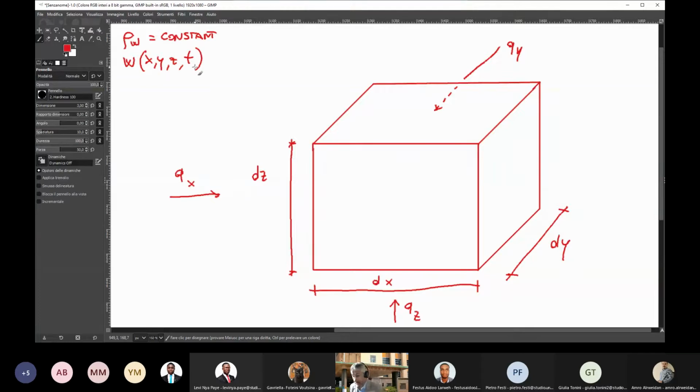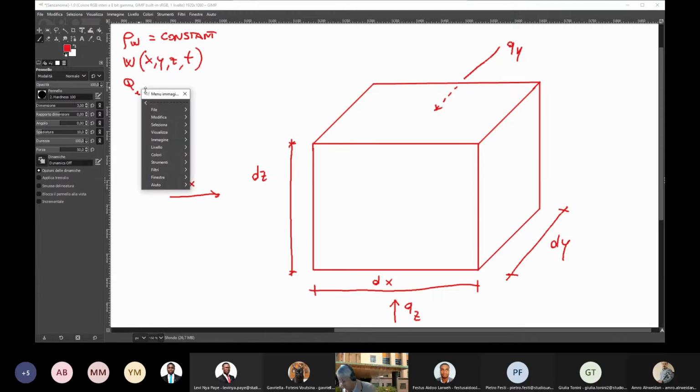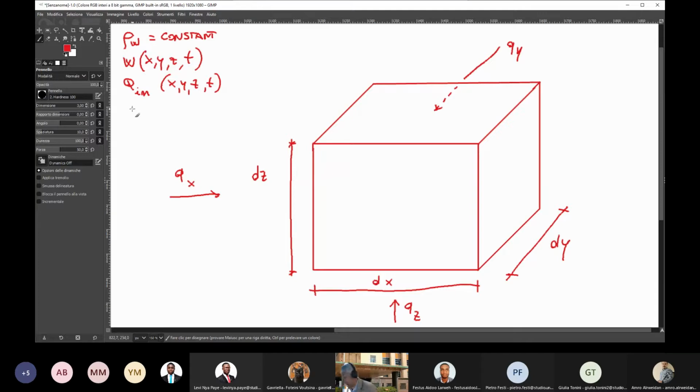Okay, and then let's denote with the symbol Q in the inflow into the control volume, which again depends on the three spatial coordinates and time. And let's call with Q out the total flow out from the control volume. Again, this depends on x, y, z, and time. Okay, very good.